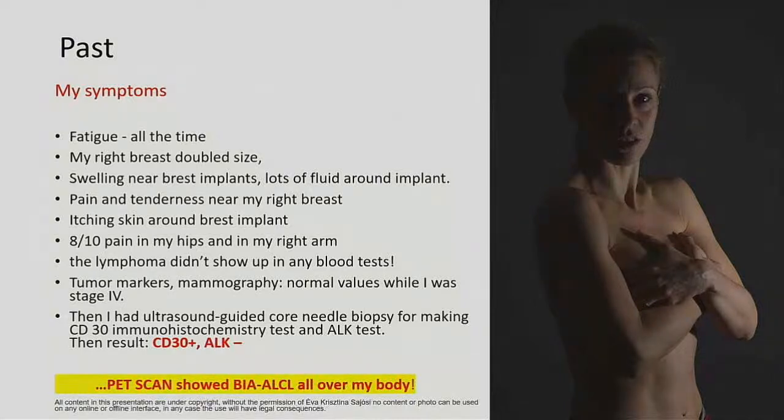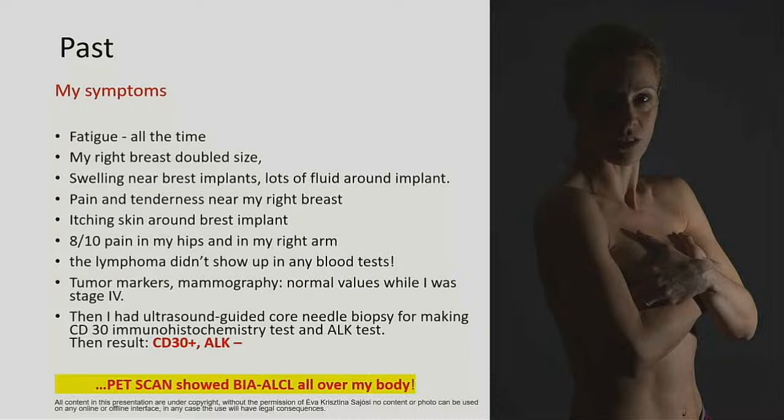So finally, Professor Zoltán Mátrai, a plastic surgeon who was leading the department of the National Institute of Oncology, said that I probably needed an ultrasound-guided core needle biopsy.